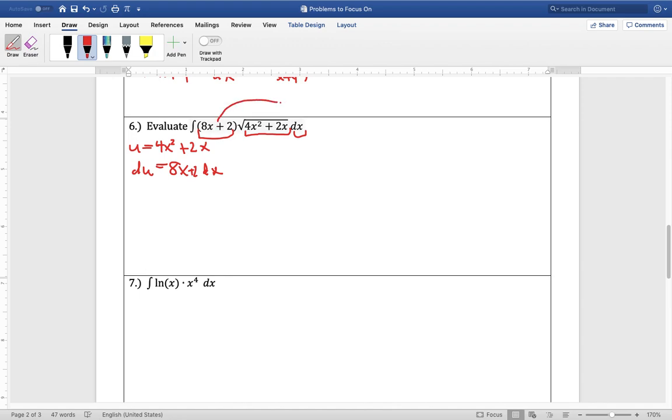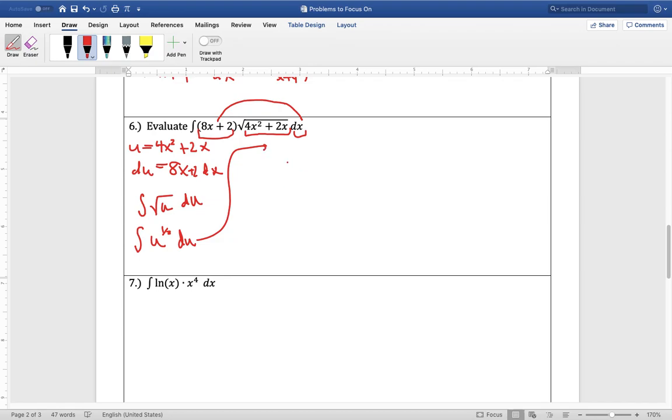This thing right here is du, and underneath is u. So we end up with the integral of radical u du. And that's really u to the 1/2 du.